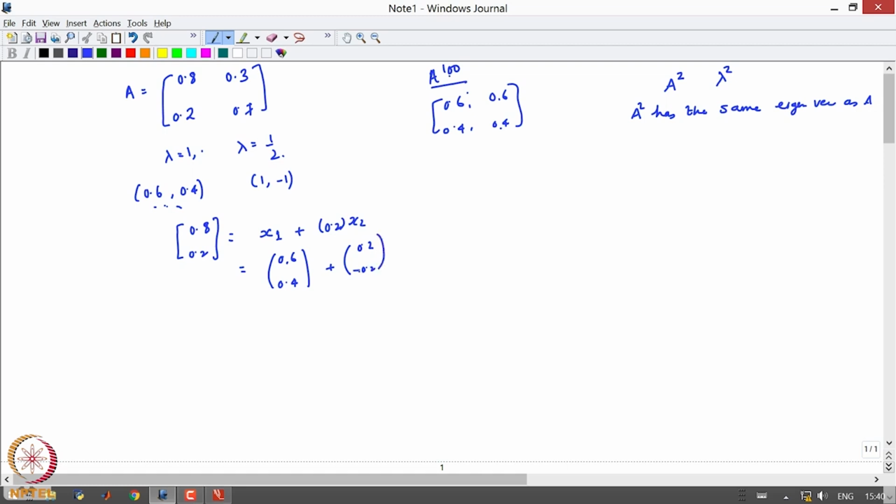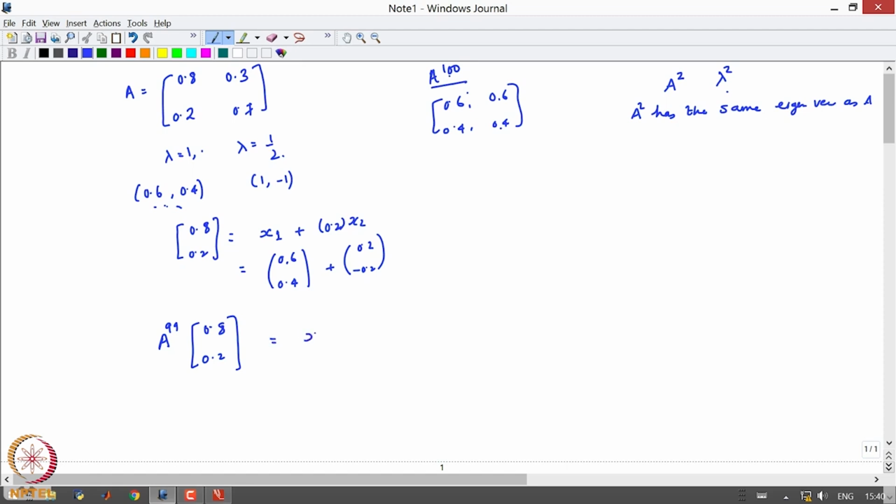Now, the 100th power of A, the first column would just look something like this, A to the power 99 with 0.8 and 0.2. Now, with all the properties of lambda square, lambda cube and so on, we can write this as the following.